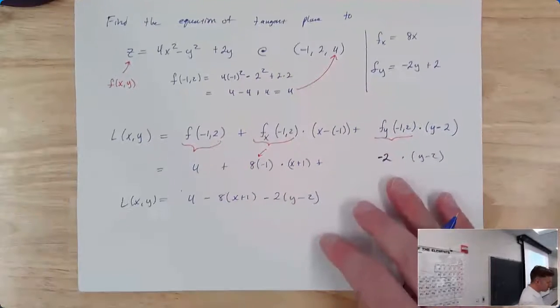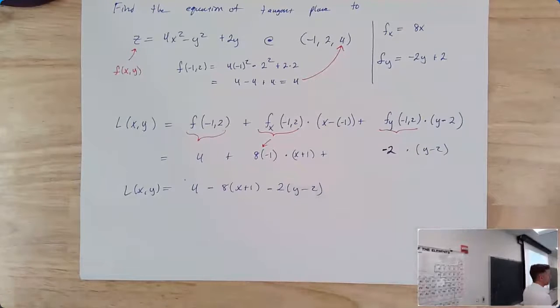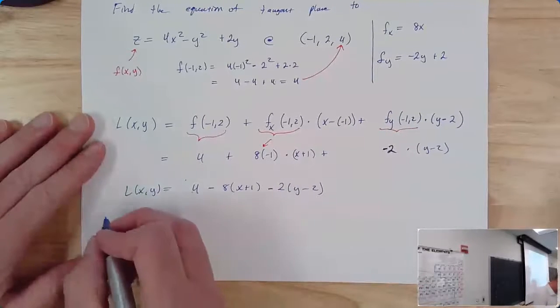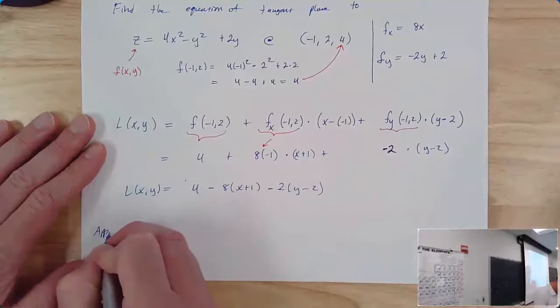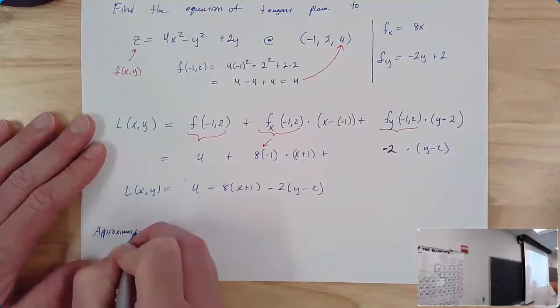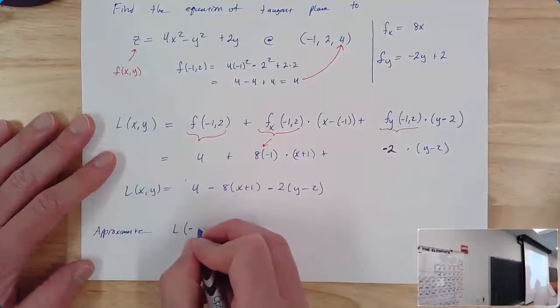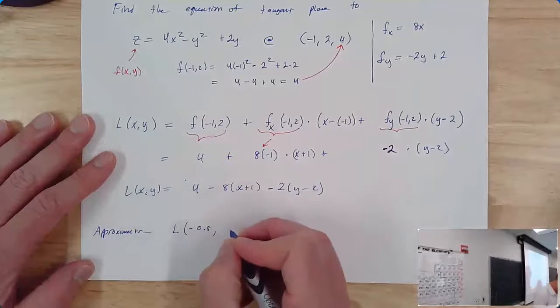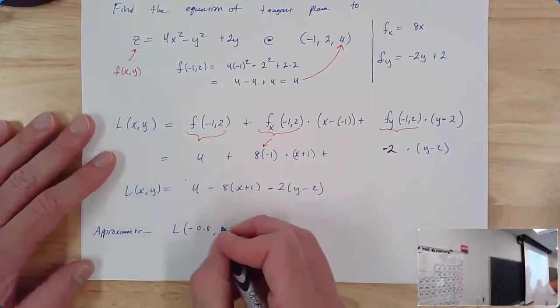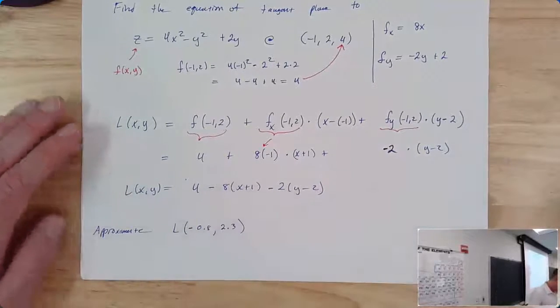And then we could use this to approximate some value of the function where x and y were close to the point -1, 2. So for example, we could approximate L of, I don't know, -0.8, comma, 2.3.